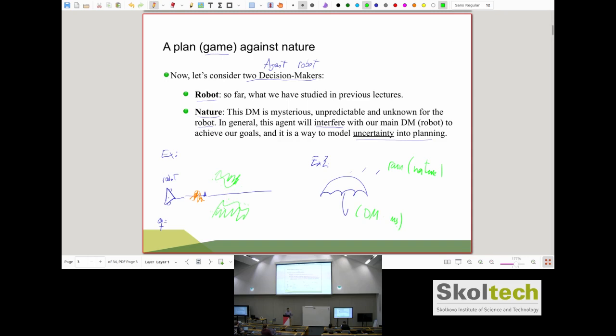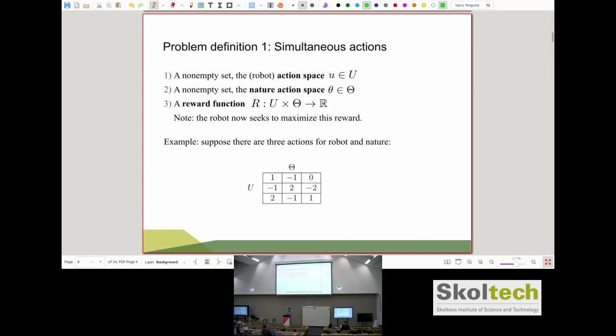I'm sure that you have discussed randomness in many other courses before, right? But let's just start with the very first definitions, because later this is going to affect a little bit how we do planning or how we play games.